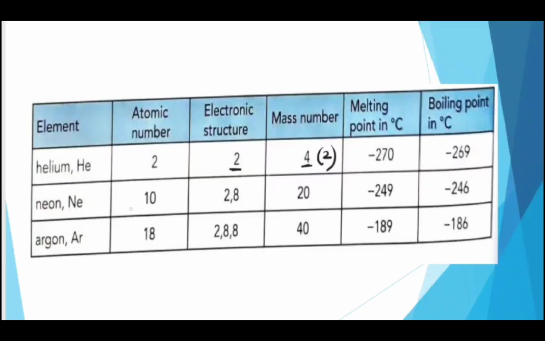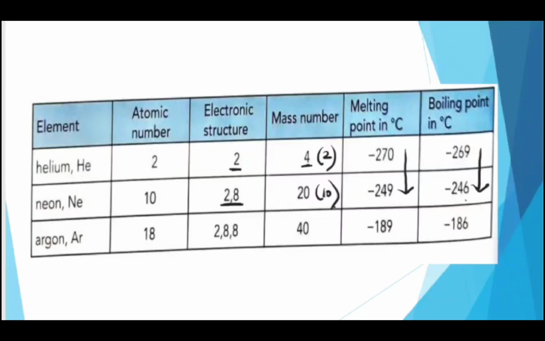Neon: 10 is the atomic number, configuration 2 and 8, which means the second shell is complete. Mass number is 20, so that means 10 neutrons. Melting point is minus 249, so it has decreased.